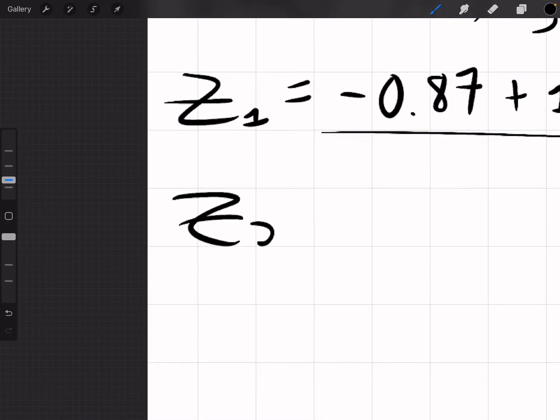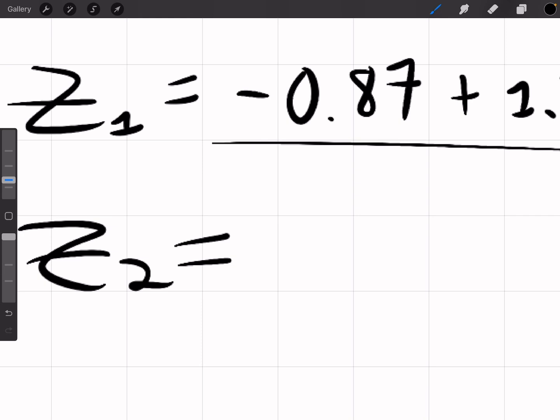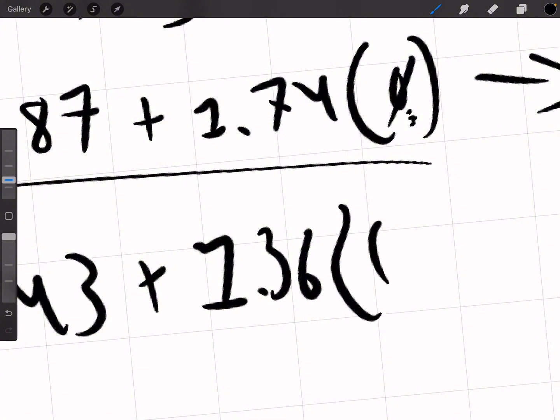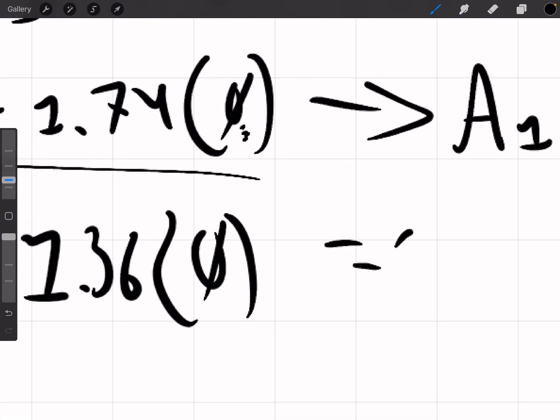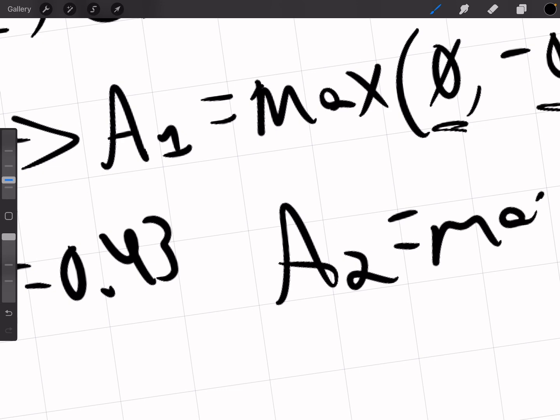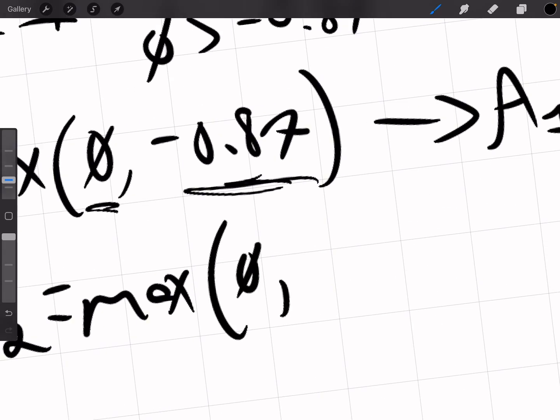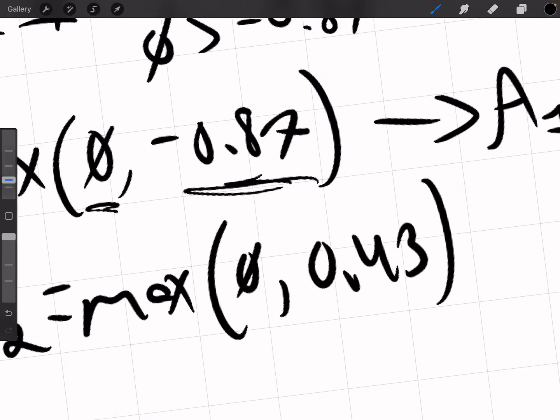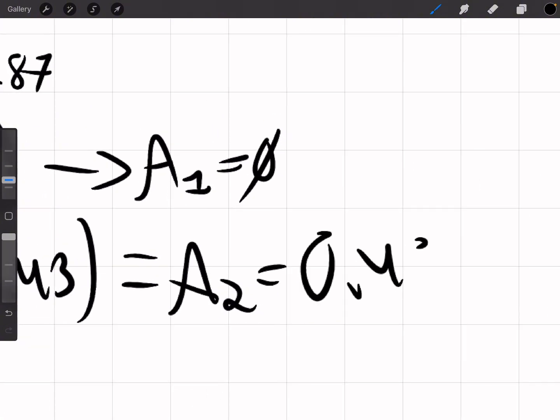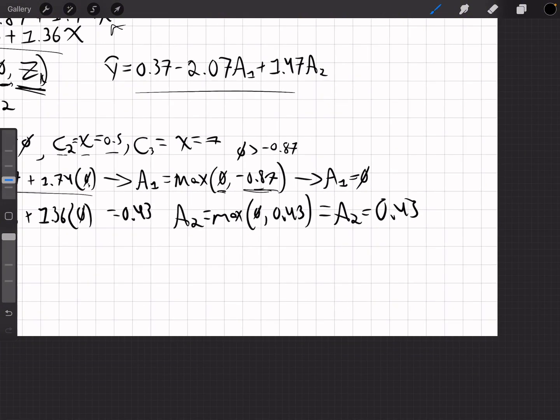And then we have Z of 2, which is equal to 0.43 plus 1.36 times 0, which solves to be 0.43. And this time it's actually different, because it's max of 0 and 0.43. And then A2 is equal to 0.43 because we're always picking the highest one.